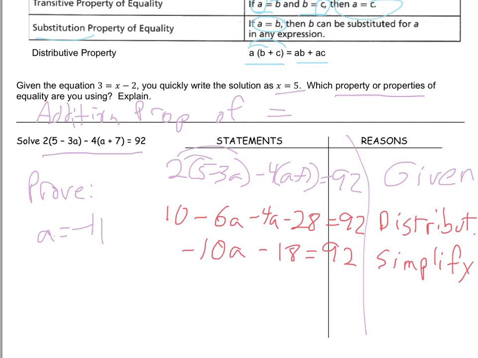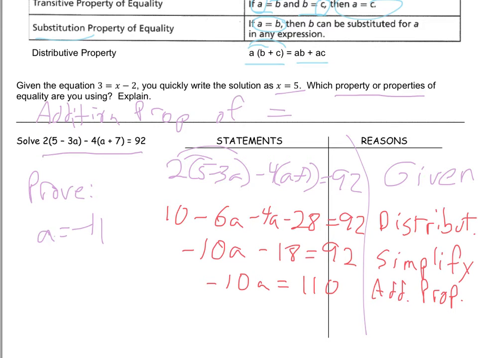Now we would add 18 to both sides so that I get my a by itself, and negative 10a would equal 92 plus 18. We would have 110. What allows me to do that? Well, I added 18 to both sides, so we would be having the addition property of equality.